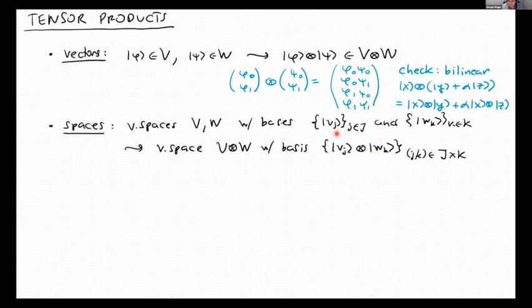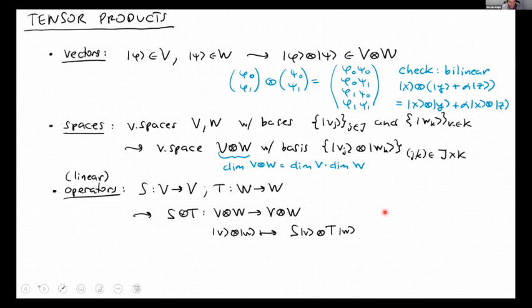Let's pick a basis for the two spaces: a basis Vj for capital V and a basis Wk for capital W. Then the vector space V tensor W is the vector space whose basis is pairwise tensor products of the basis elements. This obviously means that the dimension of the tensor product space will be the product of the dimensions of the factor spaces.